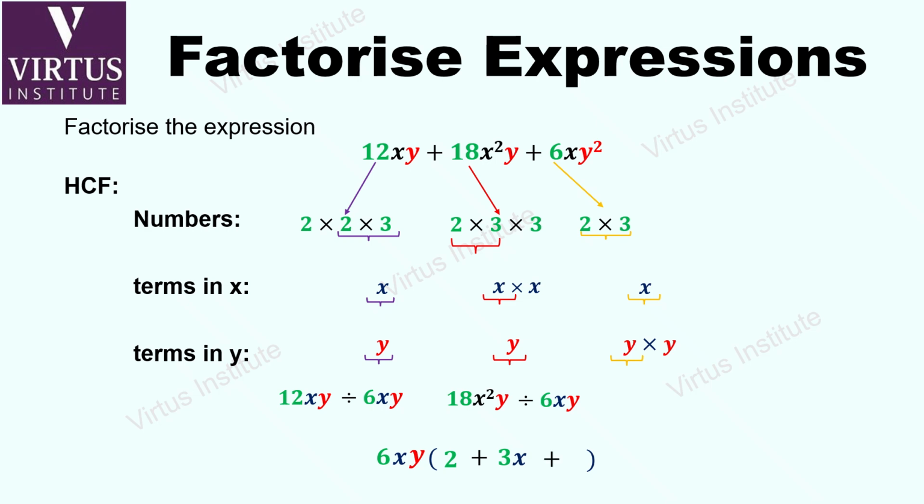And 6xy squared divided by 6xy becomes y. Thus, the final answer is 6xy multiplied by the quantity 2 plus 3x plus y.